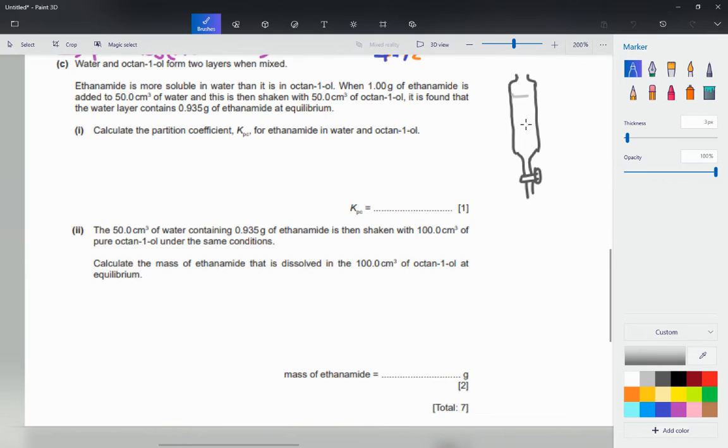that form. Okay, so let's have the top layer. Okay, water and octan-1-ol. I'm going to take a guess. I'm going to say that octan-1-ol is something that floats on water.